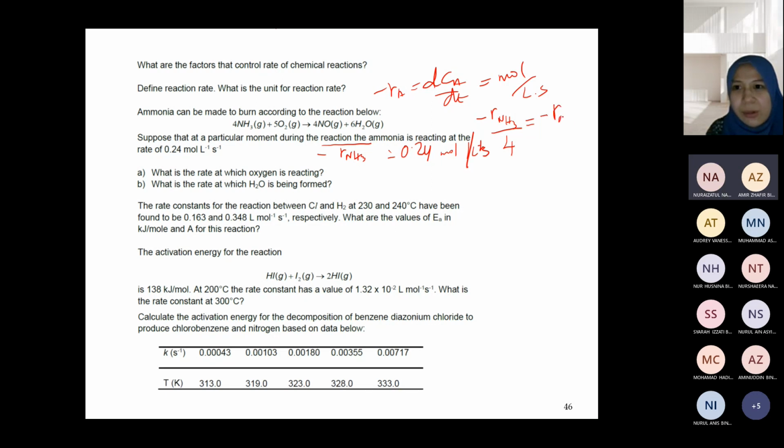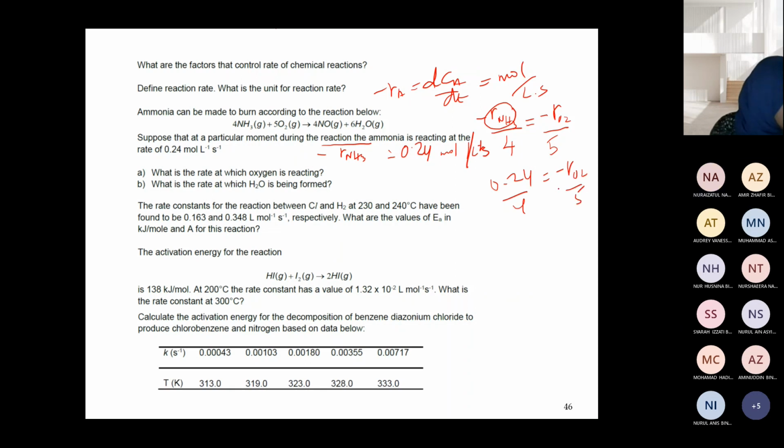Okay, minus RO2 over with 5. Okay, so the question already given you the value of this one, right? So automatically you just replace, which is 0.24. Okay, we over with the 4, negative RO2 over 5. Okay, so automatically you will have the negative RO2 is equals to the answer lah. Okay, darab je, so dapat ni.